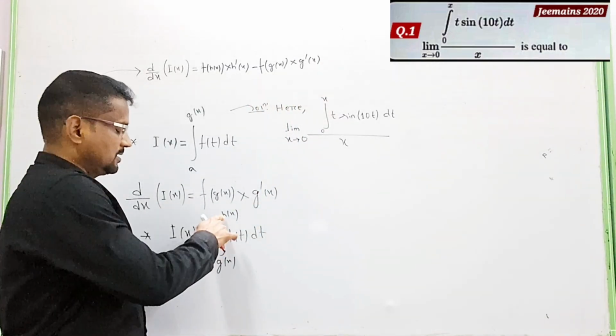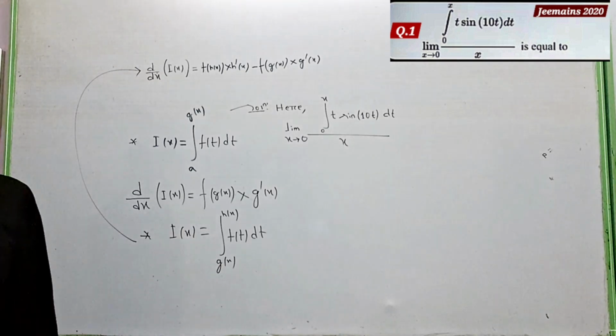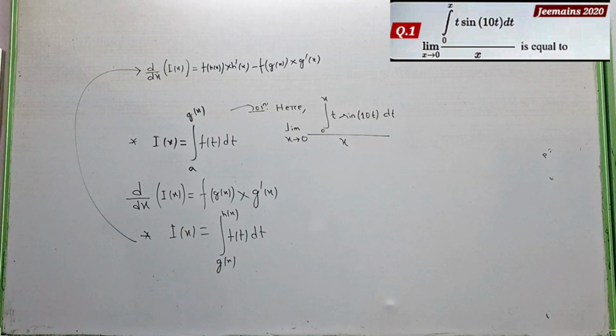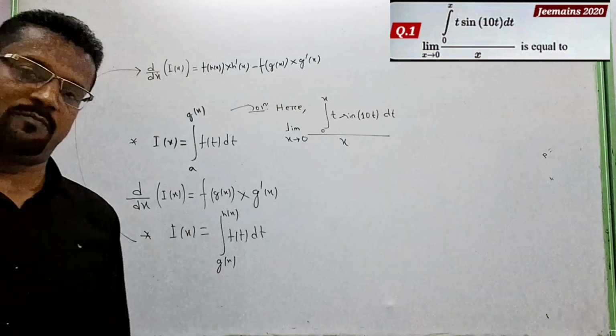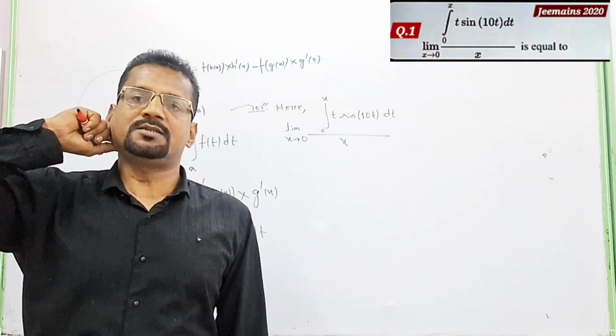In this case, the limits are themselves functions of x. I hope the Newton-Leibniz rule is clear to you. Most important, in order to find out limits, which are generally asked in your JEE Mains as well as JEE Advanced.